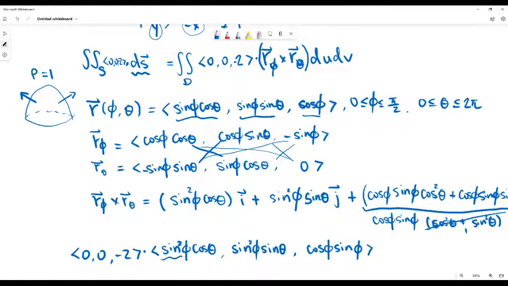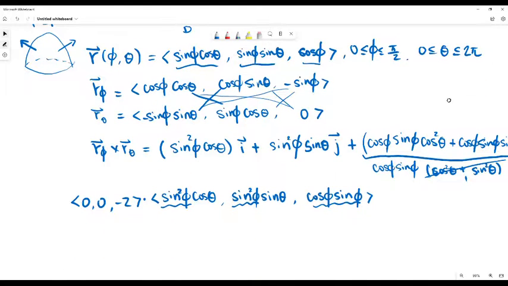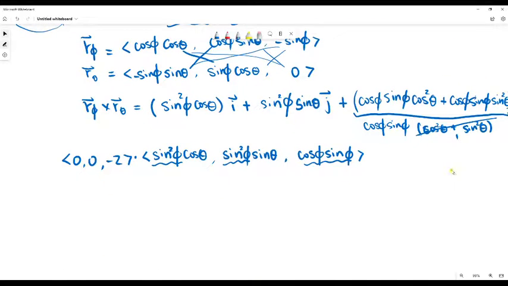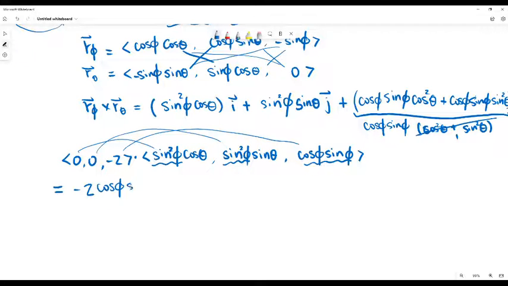But the key is these are all positive now because phi is from 0 to pi over 2, so it's always upward. Which means it's the outward for my surface. Now doing the dot product, so multiply corresponding components together, those are all zeros. All we have is just negative 2 cosine phi sine phi.